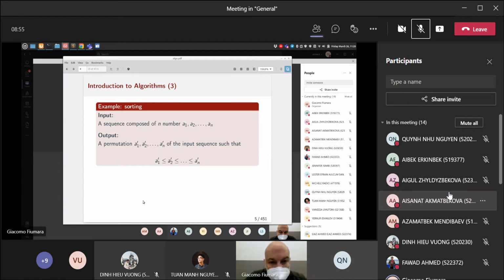Okay. A permutation is a mathematical operation, the output of which consists of all possible different placements, arrangements of the input numbers.